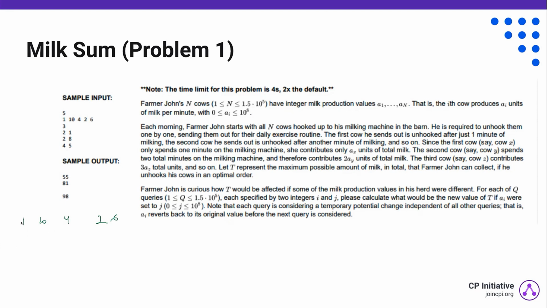So we would choose this one for time 1, so we would get 1 unit of milk. We would hook this one up second, so we would get 4 units of milk, 2 times 2. Then we would do this one, so it's 4 times 3, which is 12. And then the 6 would be 24. And then finally, the 10 would be 50.